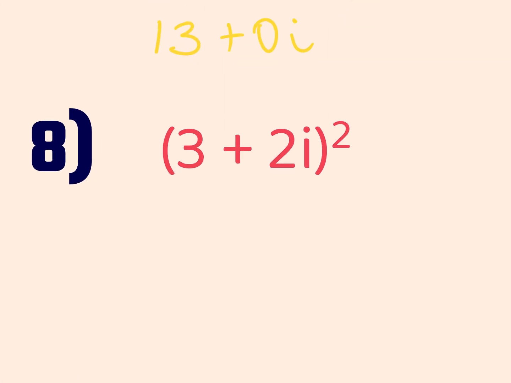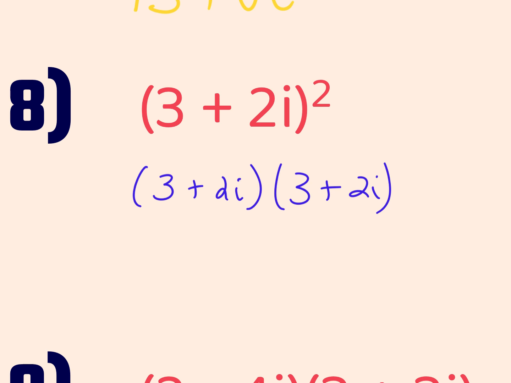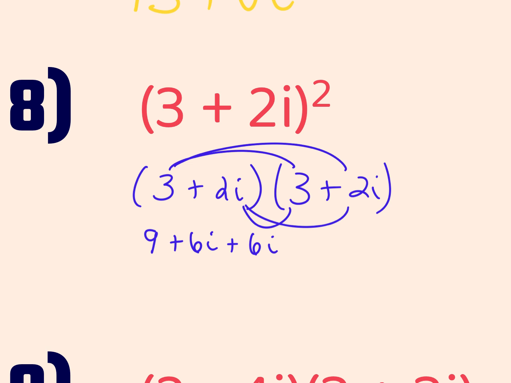I have 3 plus 2i, two times. Are my middle terms going to cancel out here, guys? No. But the math is still the same as we just did on our factoring test. What's 3 times 3? 9. What's 3 times 2i? 6i. What's 2i times 3? 6i. What's 2i times 2i?